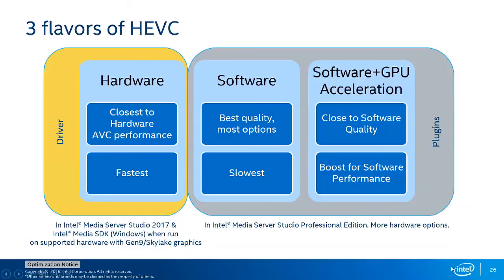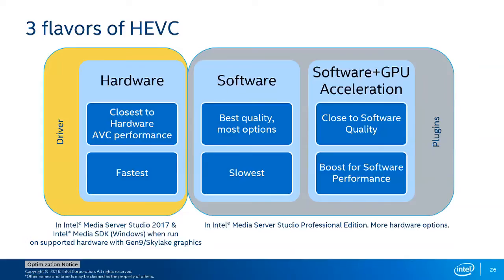Now this is in addition to the previously available options, which are the software plugins for HEVC that are in the MSS Pro edition. So these work on a broader range of hardware and have a wider range of bit depth and color space coverage. So the full software version can work on processors without GPUs, such as Xeon E5s.